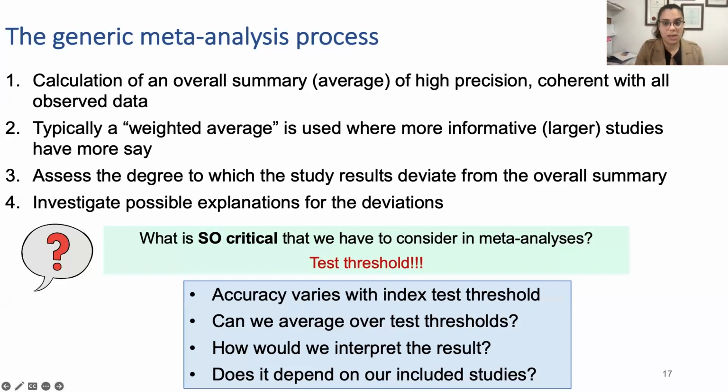And something that I want to highlight here is that thresholds are not only important for the index test, but also for the reference tests. So thresholds should be accounted for on both sides.